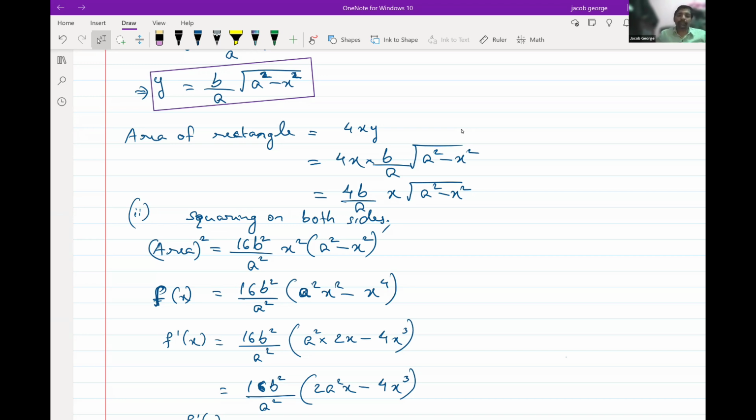That is 16b square by a square into the derivative. Inside the derivative we take, that is a square into 2x minus 4x cube.